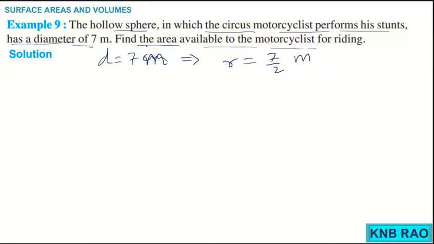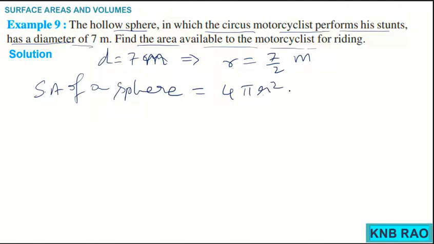Now, see, a motorcyclist in the sphere runs inside over the surface only. So, we have to find the surface area of a sphere only. You know the formula to find the surface area of a sphere is 4 pi r square. On substitution here, 4 into 22 by 7 into 7 by 2 into 7 by 2.